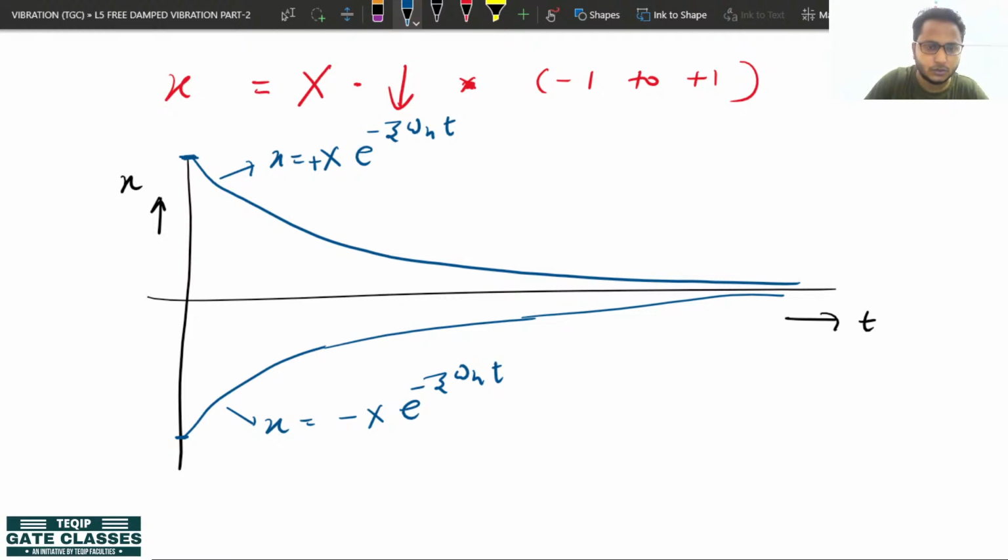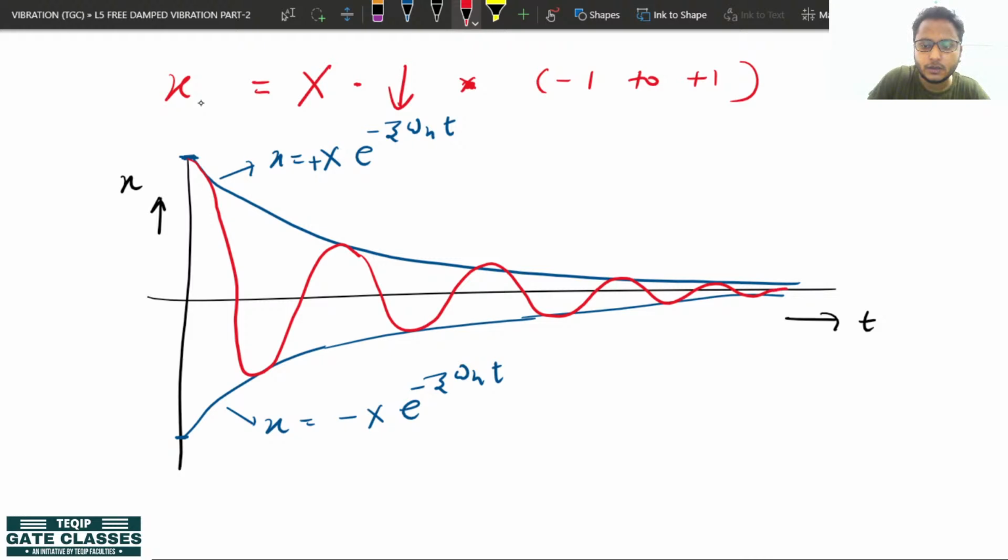But this function is the product of the exponential as well as the sine function, exponential multiplied by sine function. So it will be like this. It will decrease, but in the fashion of periodic motion. The amplitude will decrease with respect to time, but in a periodic fashion.